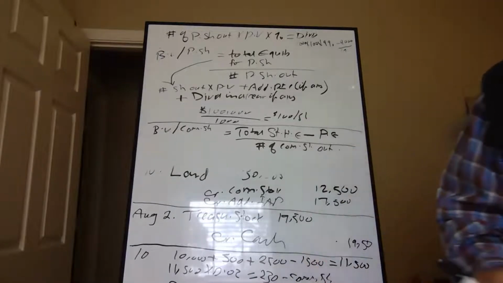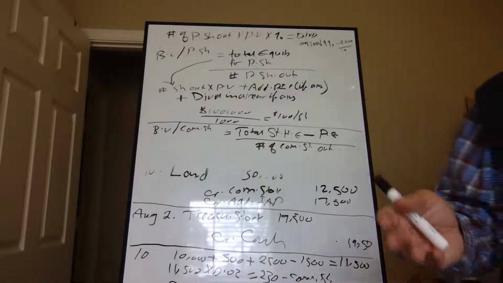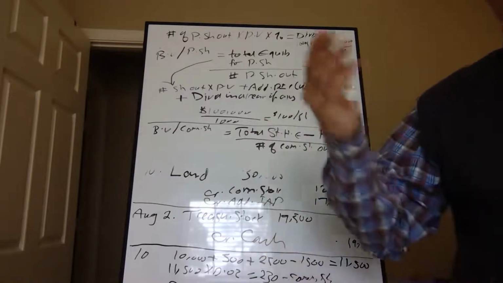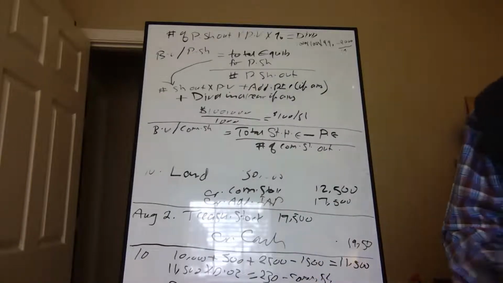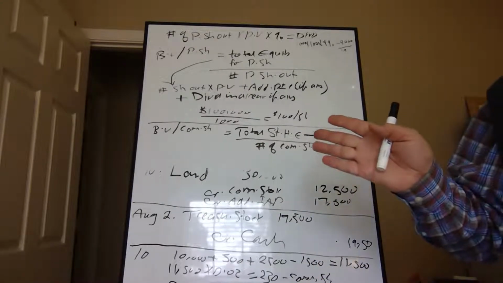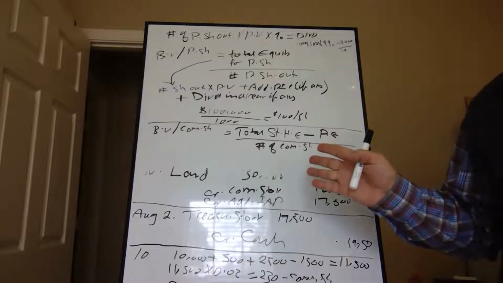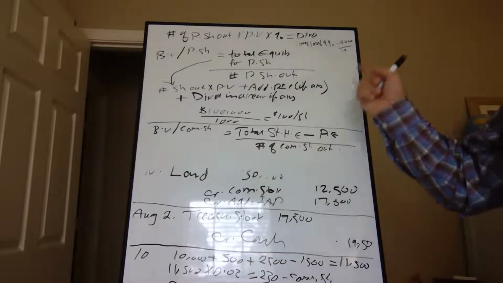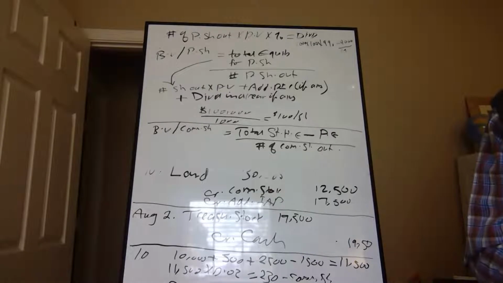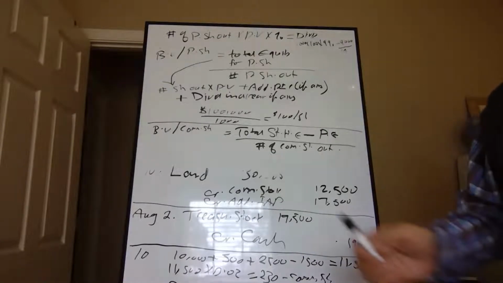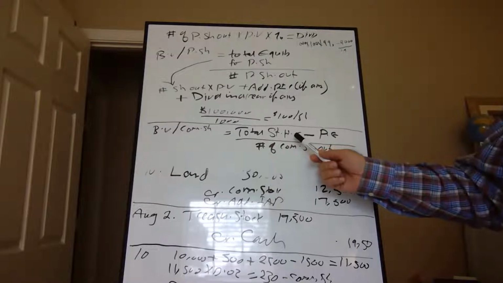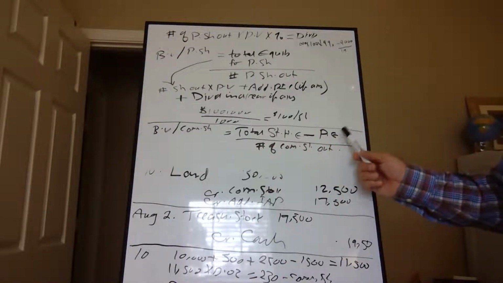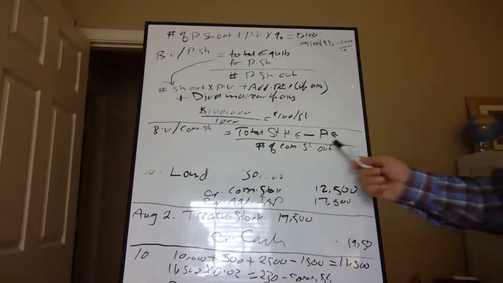So we add the par value of the common shares plus their additional capital. Okay, that will give us the common shareholders' equity, plus the 100,000. That's the total stockholders' equity. So when we say total stockholders' equity minus preferred equity, the 100,000, divided by the number of common shares.